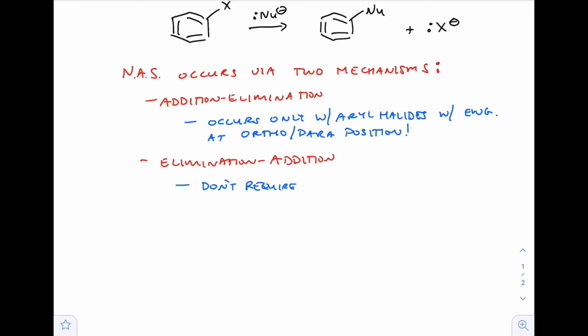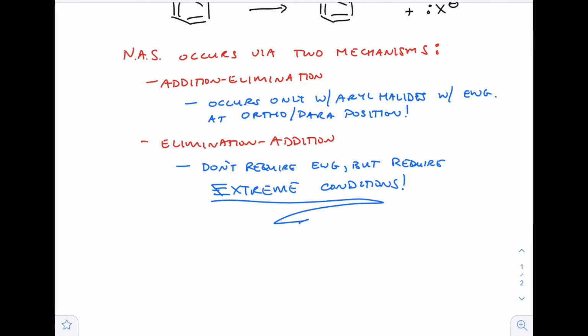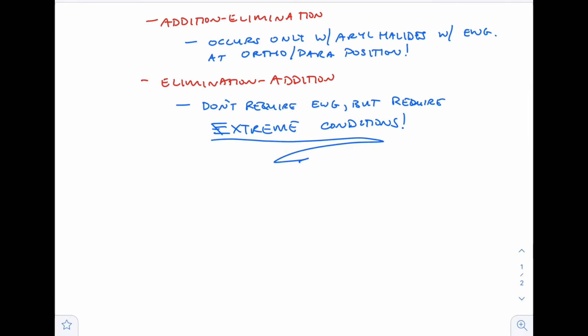Electron withdrawing groups. And then elimination-addition doesn't require electron withdrawing groups, but it requires some very extreme conditions, okay? Like a very strong base, very hot, very pressurized sometimes.